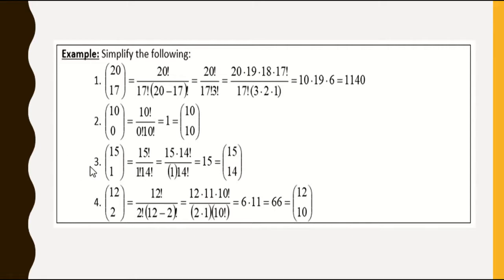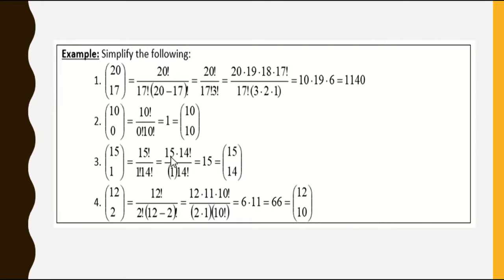Which is equal to 1, that is 10 taken 10 at a time. Next, number 3 example. We have here 15 taken 1 at a time. So our n is 15, our r is 1. So 15 factorial over 1 factorial times 14 factorial. 14 comes from n minus r, right?